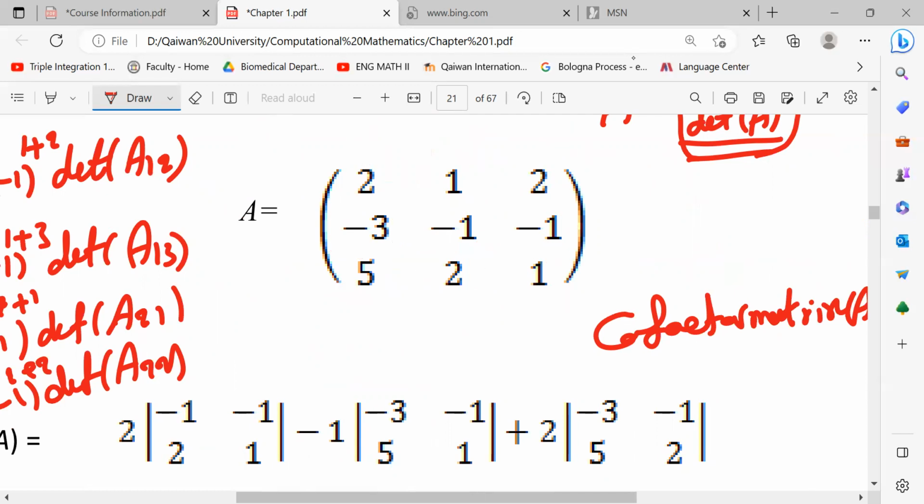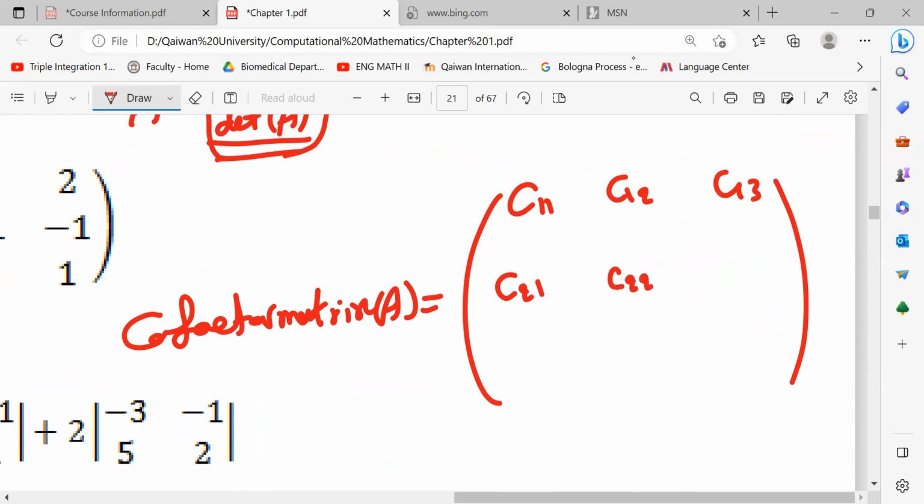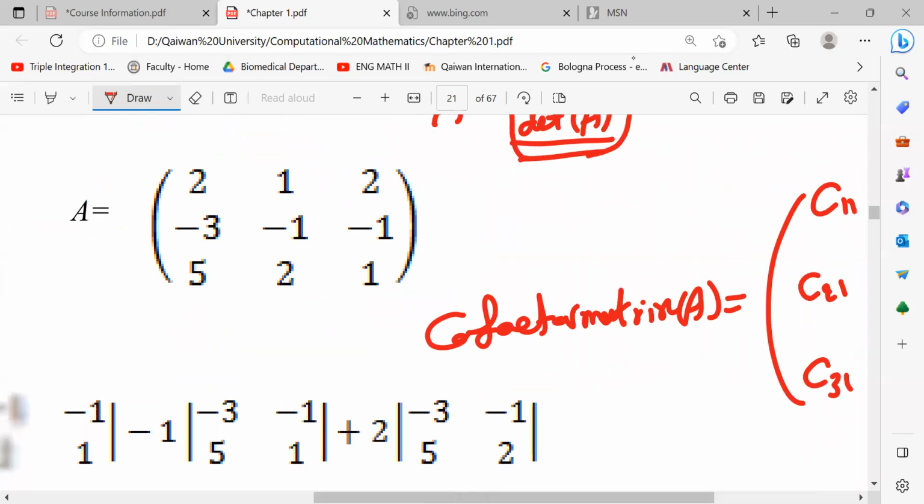Then we say the cofactor is C11, C12, C13, then C21, C22, C23, and C31, C32, and C33. Let's find them.